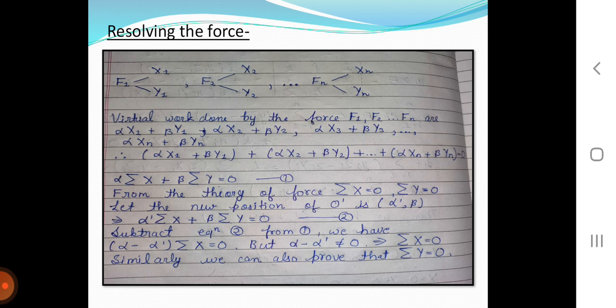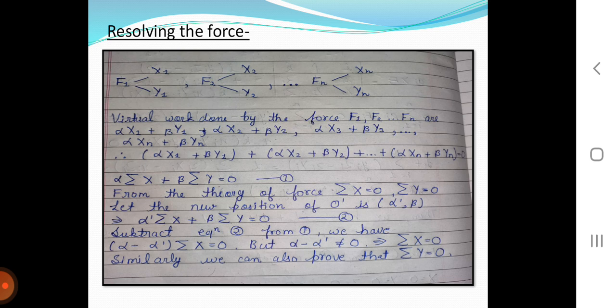But we know from the theory of forces that summation of x is 0 and summation of y is 0. So we will assume a new position O dash, which will be alpha dash comma beta. After putting these points we will get alpha dash summation of x plus beta summation of y is equal to 0. Now subtracting equation 2 from equation 1, we will get alpha minus alpha dash times summation x is equal to 0.